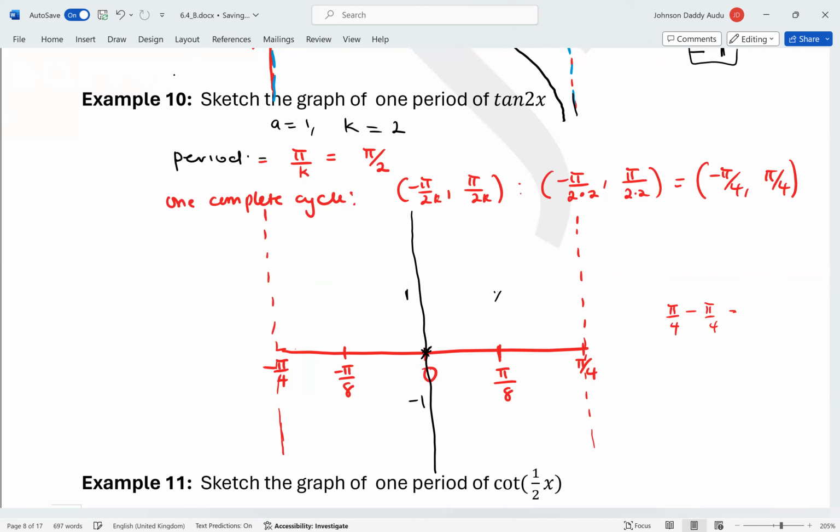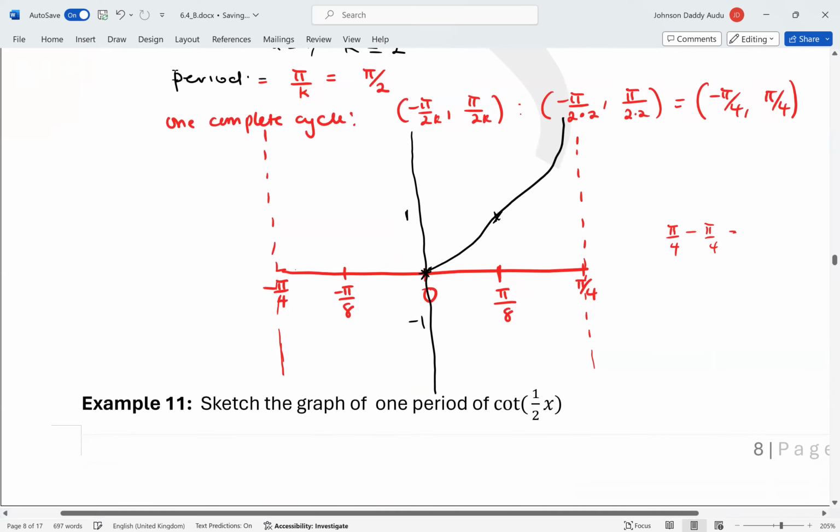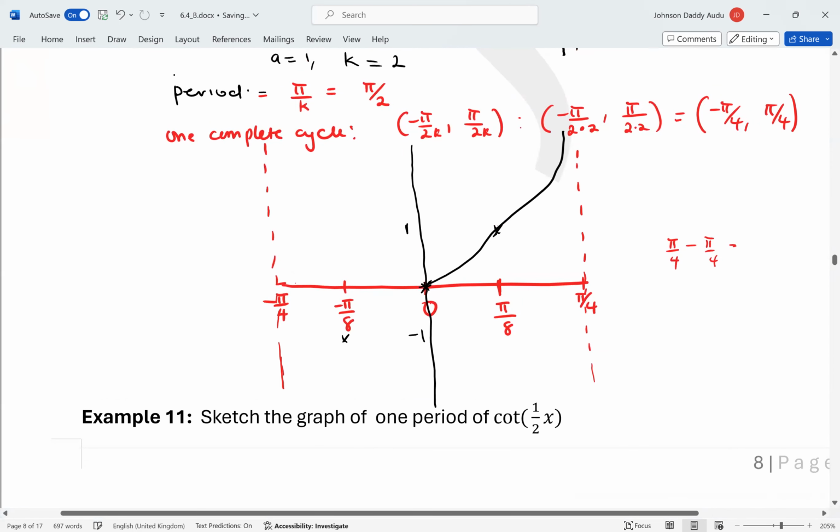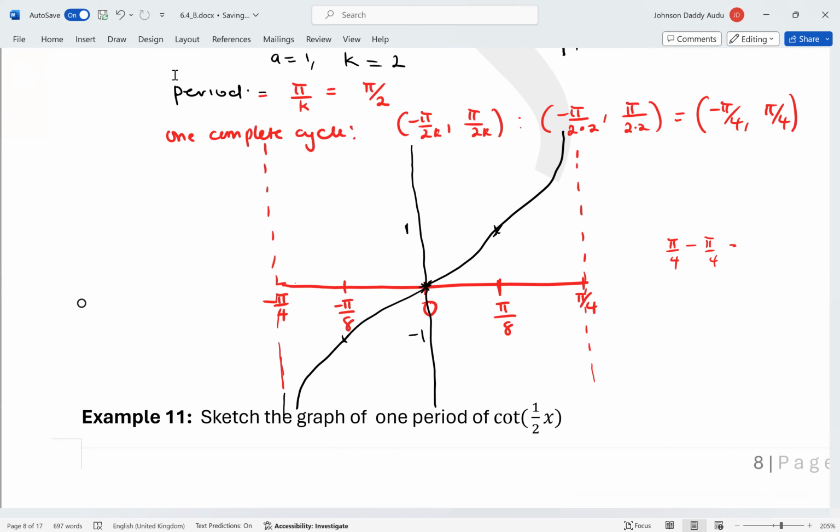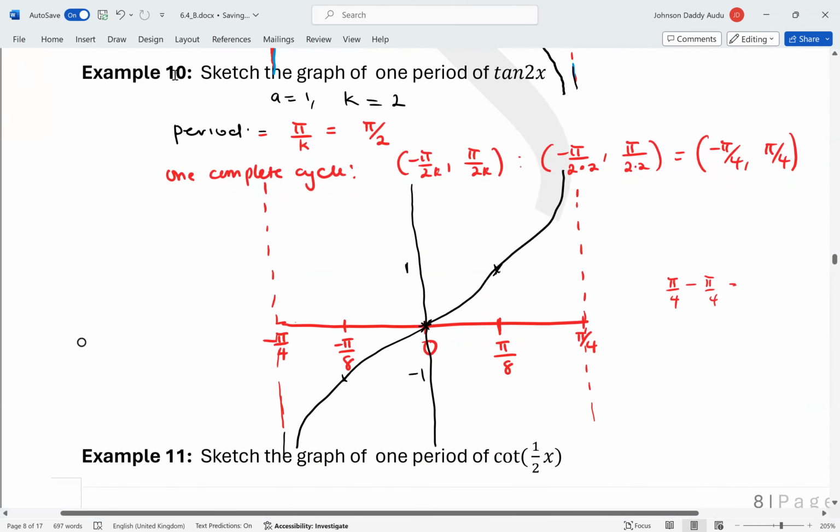So here will be this one, and minus 1 is here. So we have this one like this. All right, so this is the graph of tan 2x, one period of it.